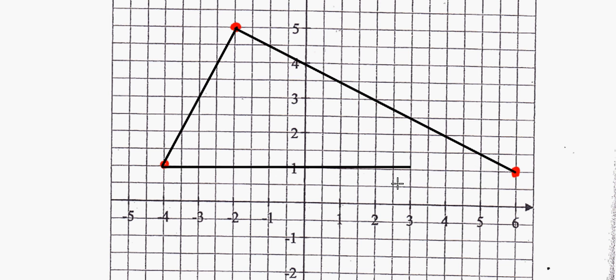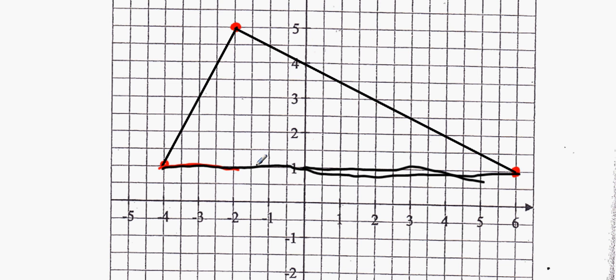I'll try and draw a pen all the way across. Now, probably best to use a ruler here. So as you can see, that's our triangle there.